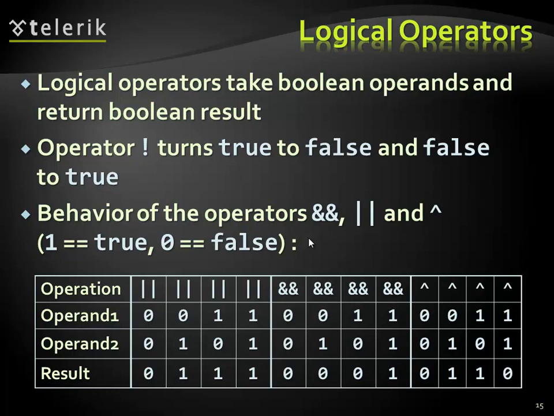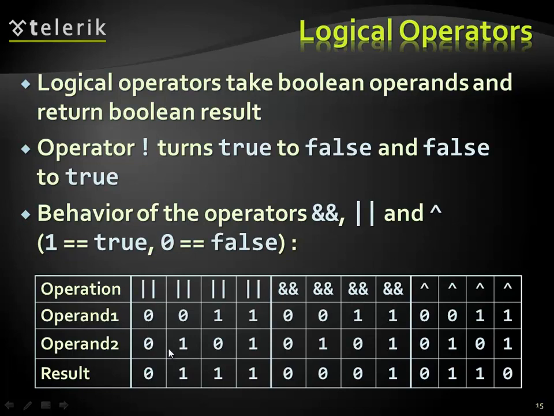Usually if we have two conditions, then sometimes we'd want to check if one of them is true, or both of them are true, or both of them are false. So in order to combine them, we're using two operators, the and and the or. And there's another one, which is called XOR, the logical operation XOR.